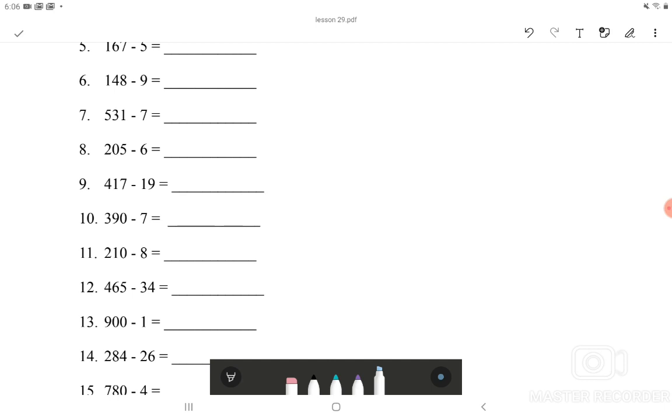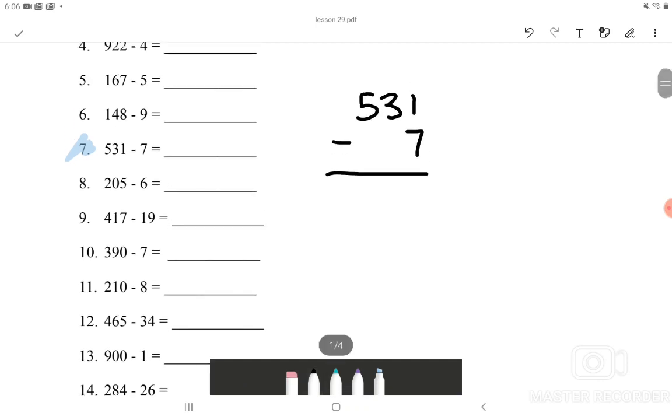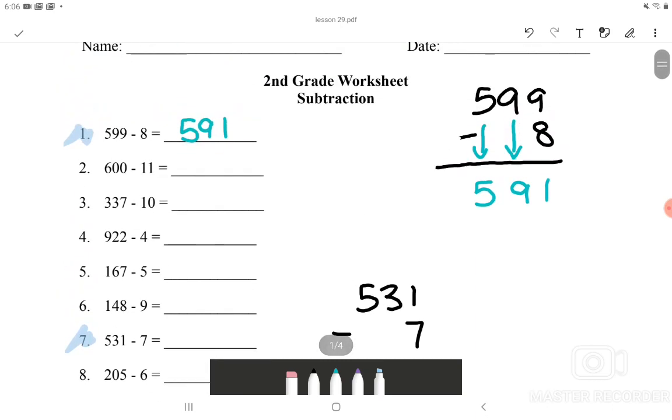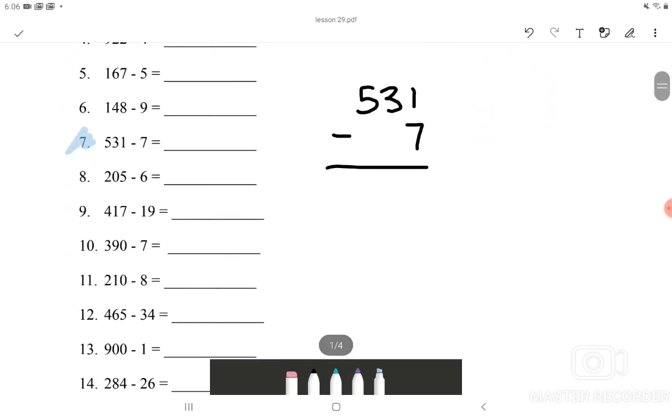I'll also do number 7, which is 531 minus 7. In the previous example, the top, which is 9, was greater than 8. But now looking at this number 7, we see that the bottom, which is 7, is bigger than the top, which is 1.